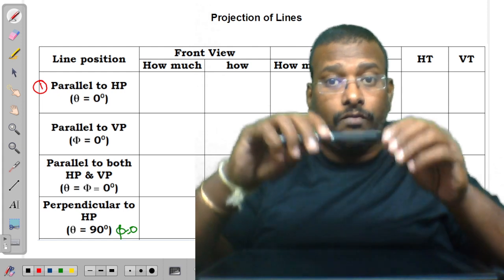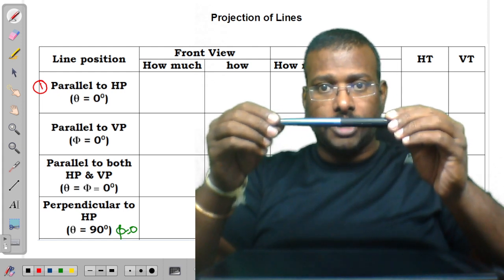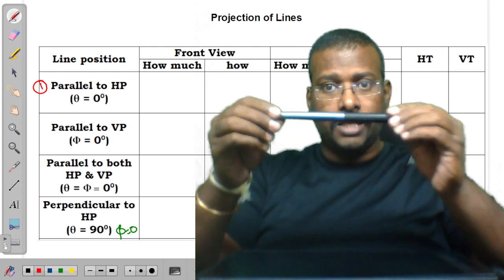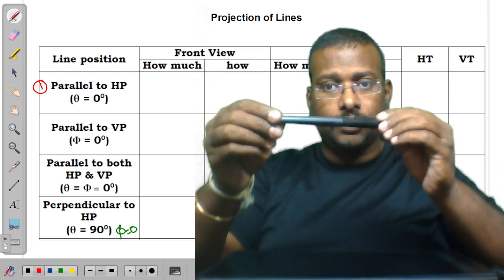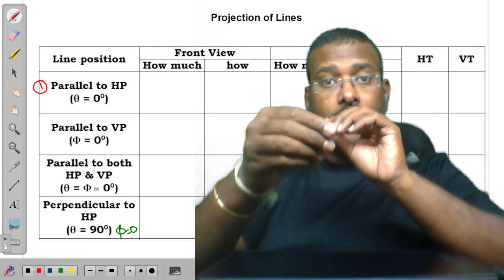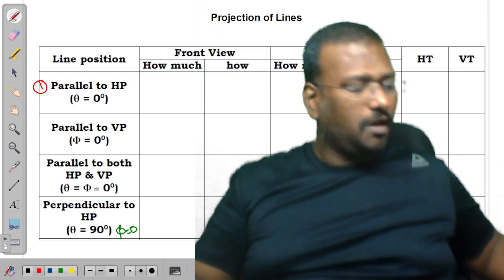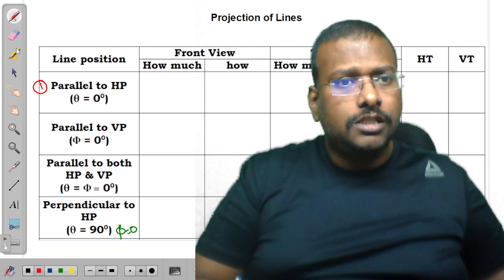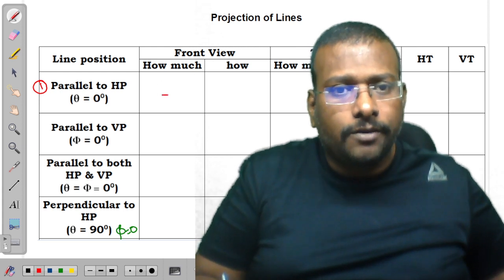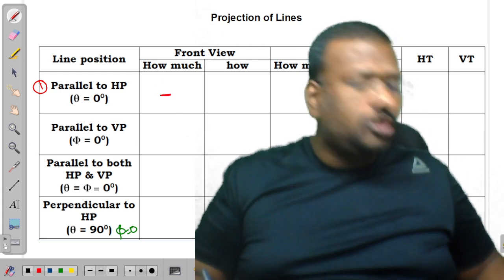Sir, in the front view, whenever the line is parallel to HP, sometimes it is a true length, sometimes a reduced length, and in another case a point. How much, we can't conclude. We don't know, so here we simply put a hyphen. Hyphen means not known.